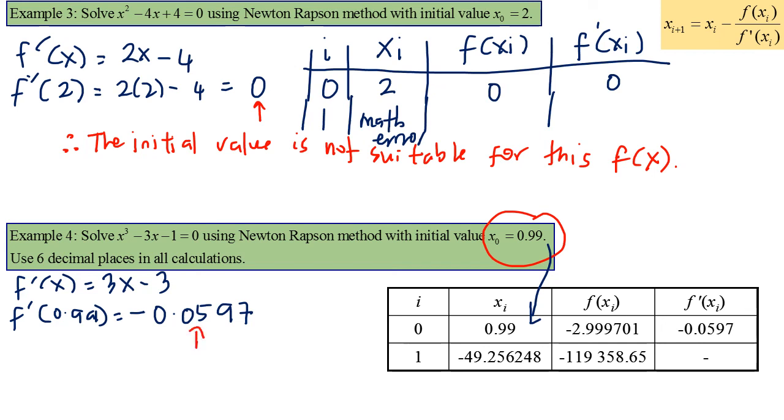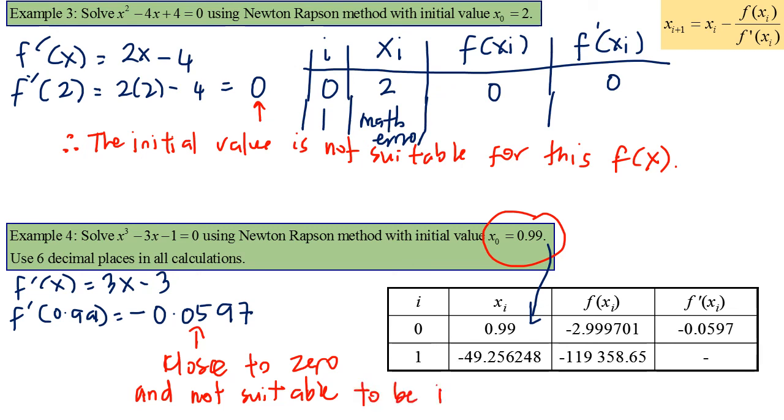So we consider this value is close to 0 and it is not suitable. What I mean here is that 0.99 is not suitable to be the initial value.